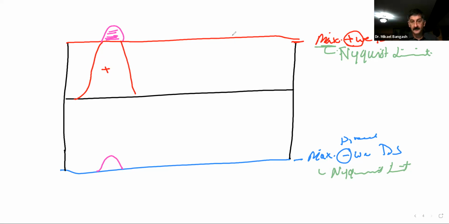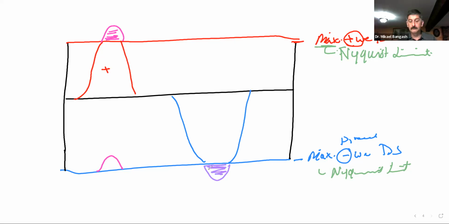Whereas in the other case, if we had a negative Doppler shift where the velocity of blood was greater than the maximum speed that we could record, or what we call the Nyquist limit, this here is going to be shown up by the maximum.